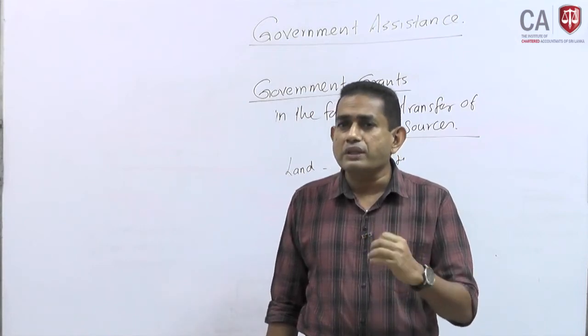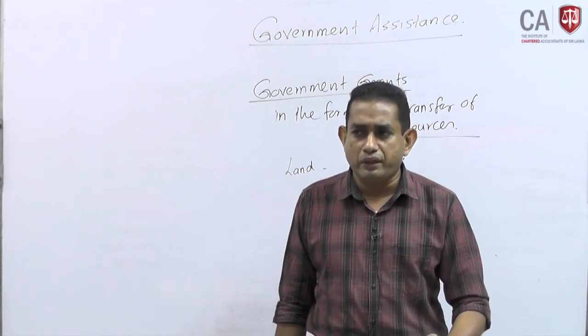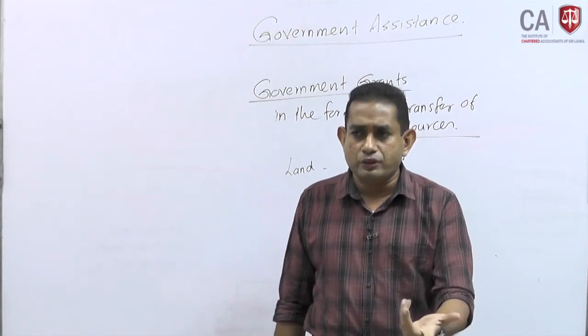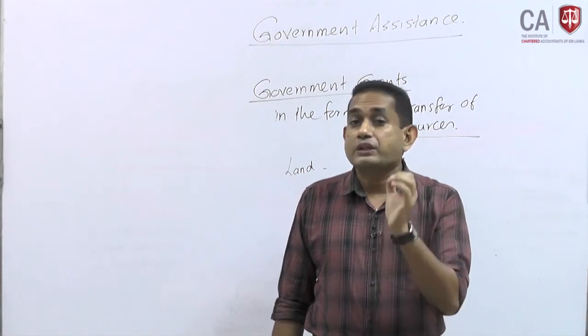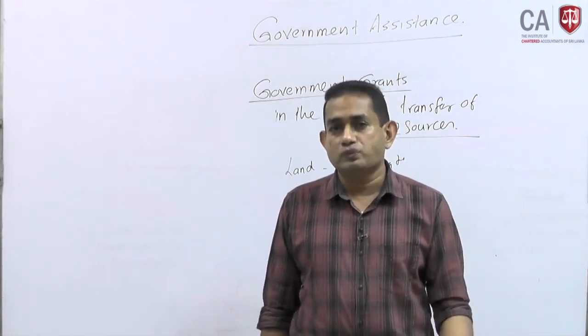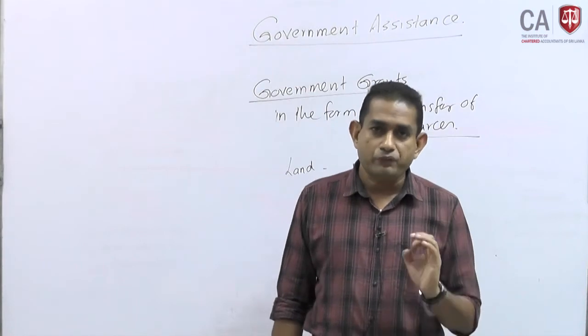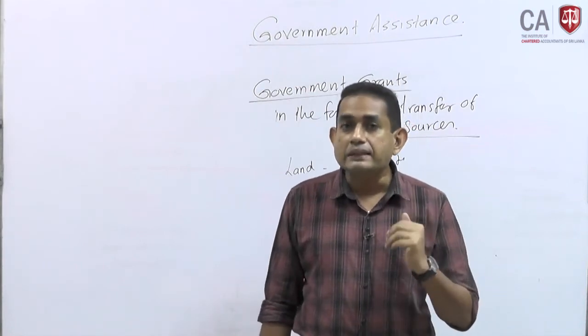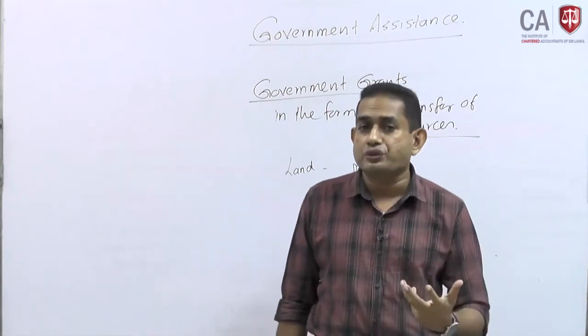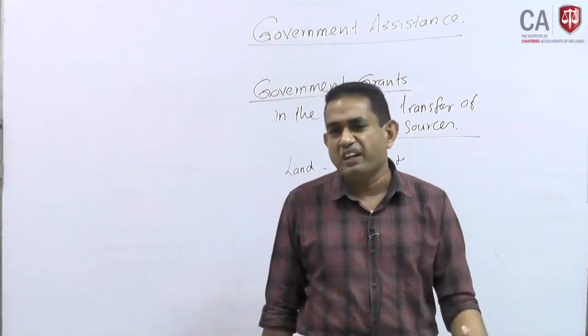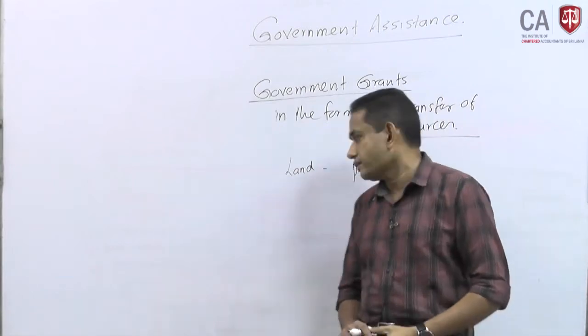No, there are no resources that are transferred to an entity or a specific range of entities. It becomes a government assistance. It is not a government grant though. I hope it was clear why. It is a government assistance which is not in the form of transfer of resources. So, that is what does not make it a government grant.